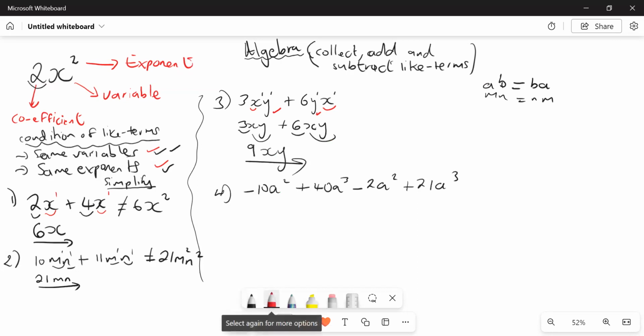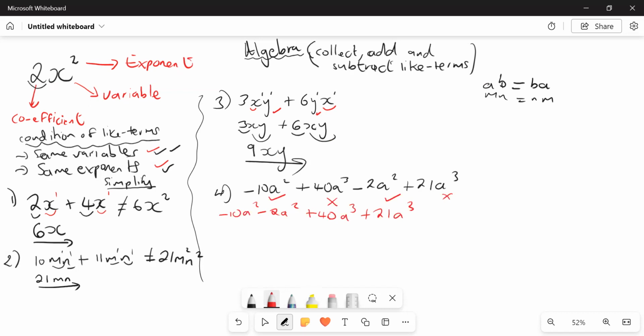So the first step here, you first collect the like terms. We have a squared as well as a squared. Group them together. We have a cubed as well as a cubed. So negative 10a squared goes with negative 2a squared, right? And then plus 40a cubed, which goes with 21a cubed, right?